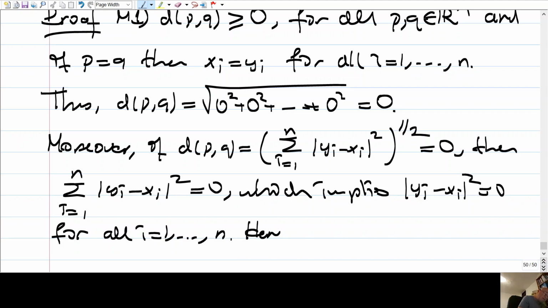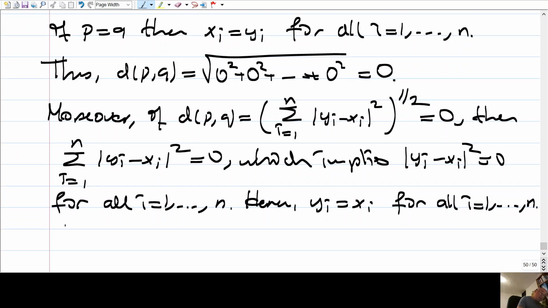Hence, this means the absolute value of yi minus xi is 0, but absolute value is 0 only if the term inside is 0. Therefore, yi is equal to xi for all i, but this means that P equals Q, right?